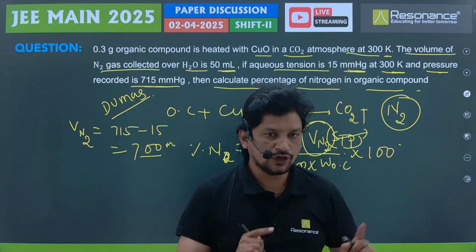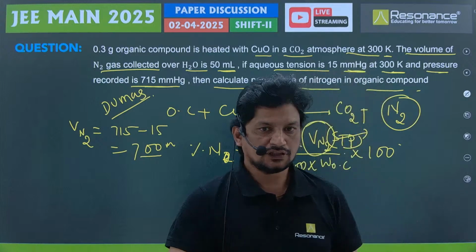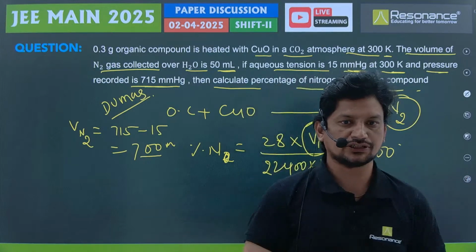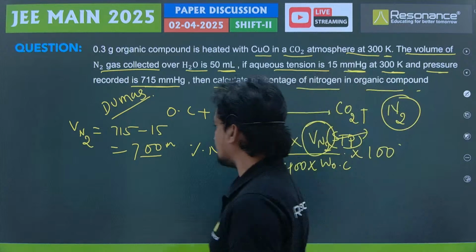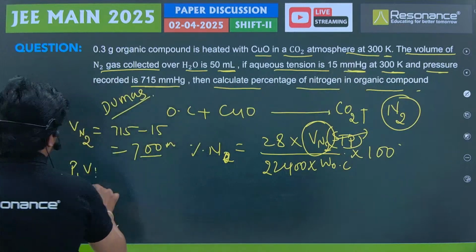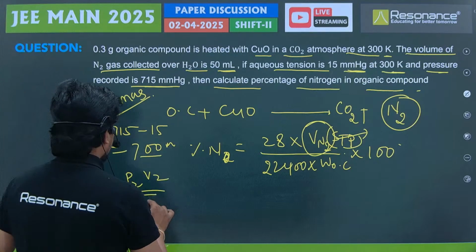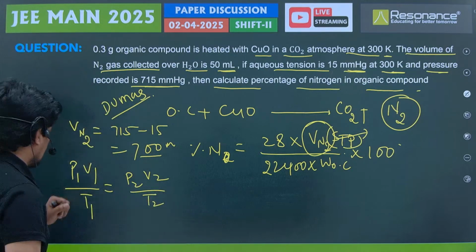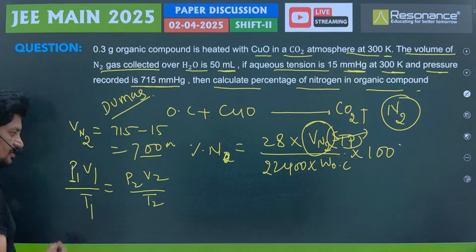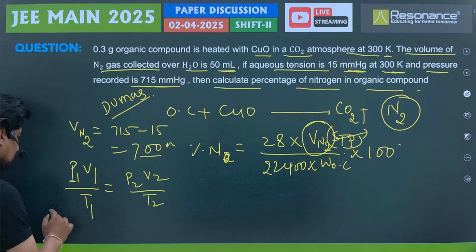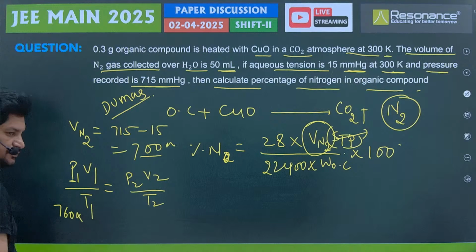That volume we have to convert into STP conditions. For that I am using P1 V1 by T1 equals P2 V2 by T2. STP conditions, P1 is what? Substitute. P1 is 760 mm of Hg.